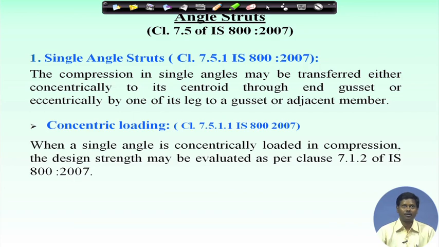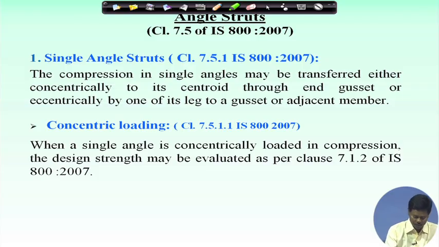Now, in clause 7.5.1 of IS 800:2007, it is told that the compression in single angles may be transferred either concentrically to its centroid through end gusset or eccentrically by one of its legs to a gusset or adjacent member.